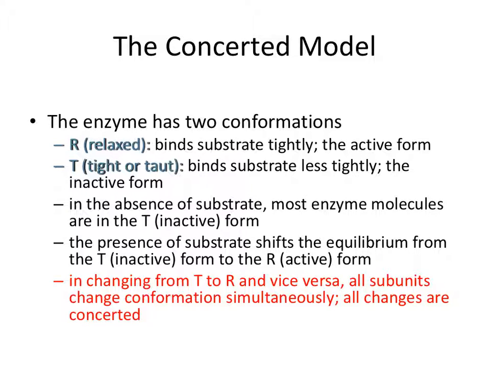Once the substrate or the ligand binds, it's going to cause all of the subunits to immediately go to the other form. So it's like an all or none. This is the important part: all subunits change conformation simultaneously. Conformation is just a fancy word for shape or structure.